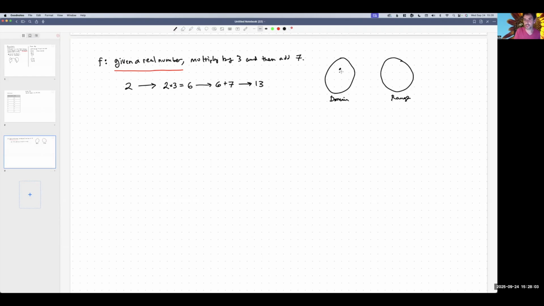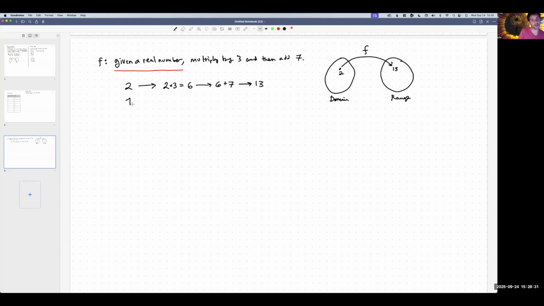I looked at the number 2, and my function f said, I'm going to assign to it the number 13. Our input is 2. We follow the instructions given by the function, and we end up with the new number 13. So there's where the rule assigns our new value, right?